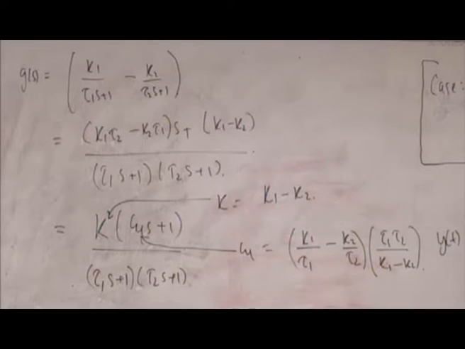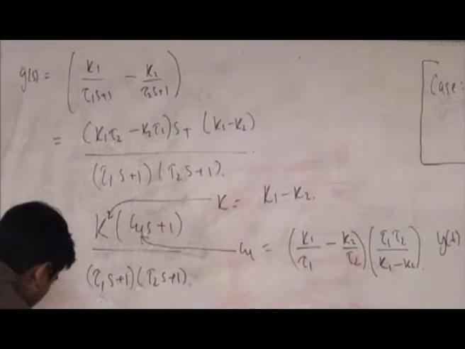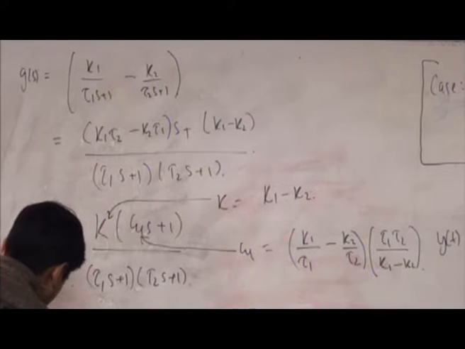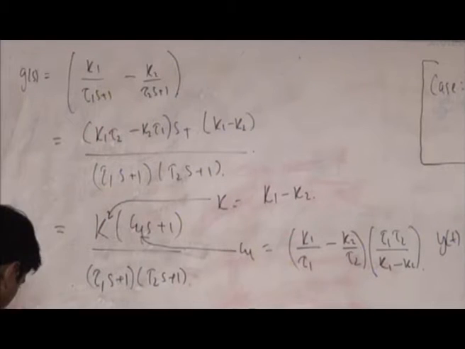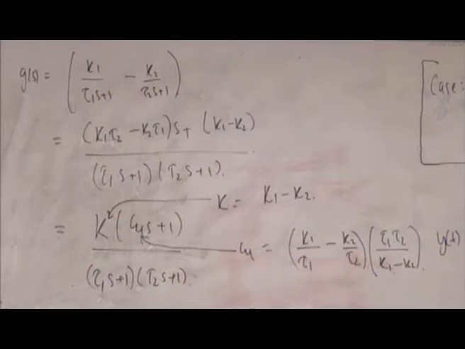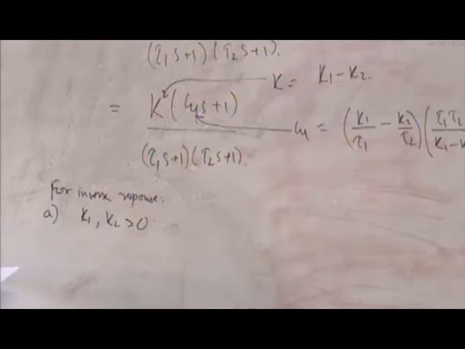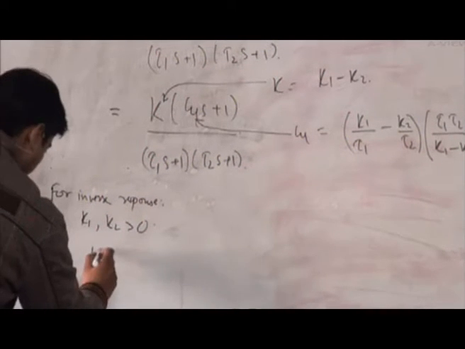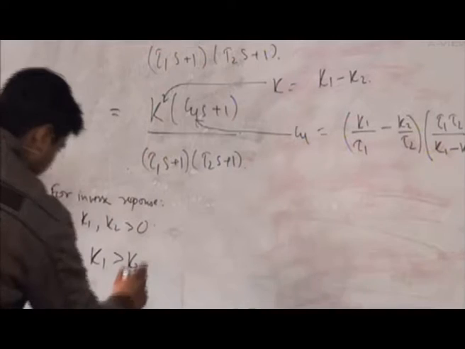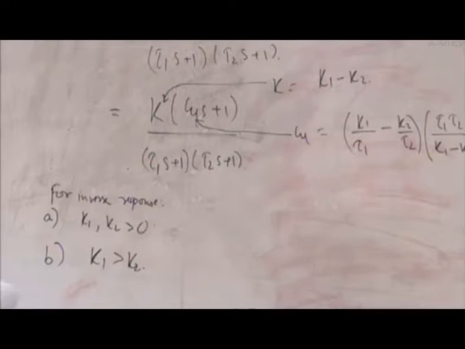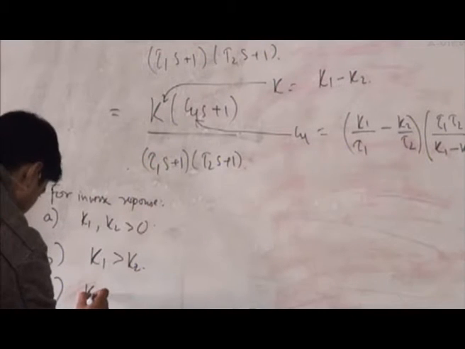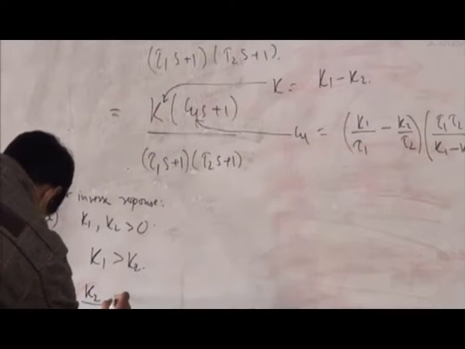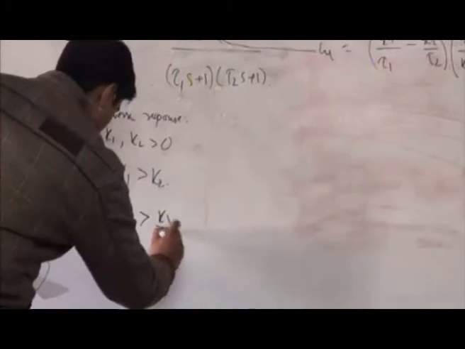So now for inverse response, these are the conditions: first, k1 and k2 both are positive; second, k1 is greater than k2; and finally the third one is k2 over tau 2 is greater than k1 over tau 1.